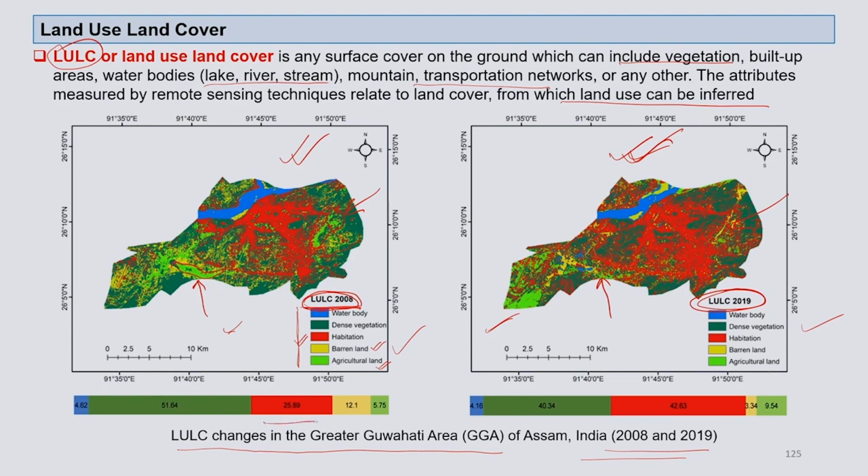Now, look at the percentage coverage of area. You can see that in 2008 the dense vegetation was 51%, here it is 40% in 2019. Look at the increase of habitation. Habitation means houses where we people live. It was only around 26% in 2008, but by 2019 it is almost 43%.